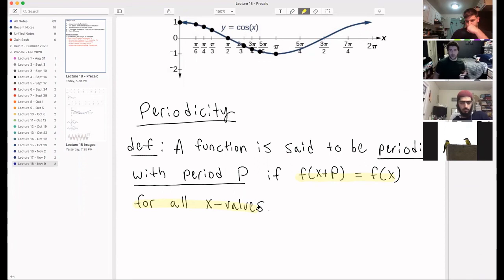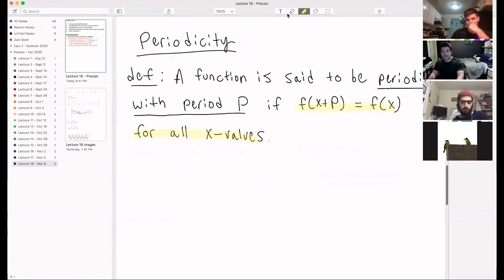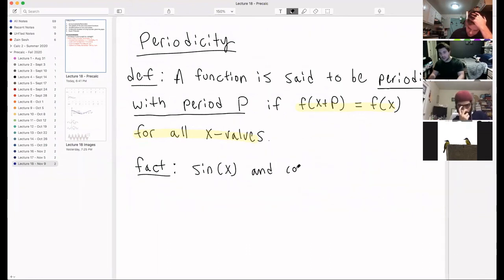It's like, I can shift my function to the left or right by P units, and I will land at the same Y value. So that's what this means here. So what's the connection to sine and cosine? Well, here it is. The fact of the matter is that sine of x and cosine of x are periodic.